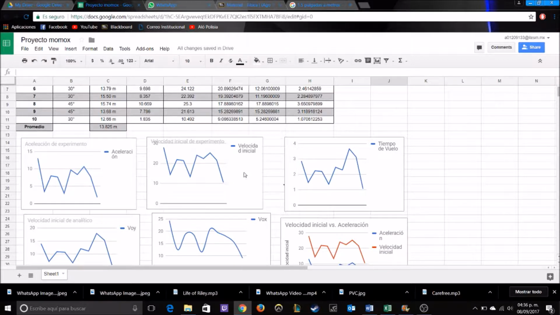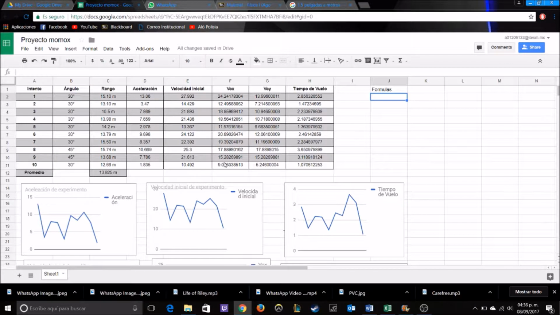You could say the same for the initial velocity, because since the acceleration changes, also the initial velocity changes. Also, you can see that this graph and this graph are exactly the same, just the initial velocity is a little up in the y-axis.